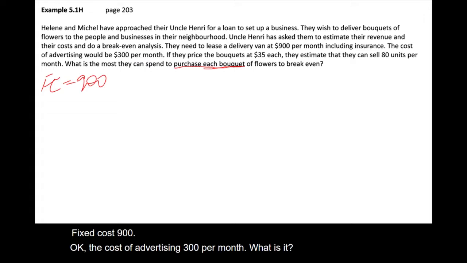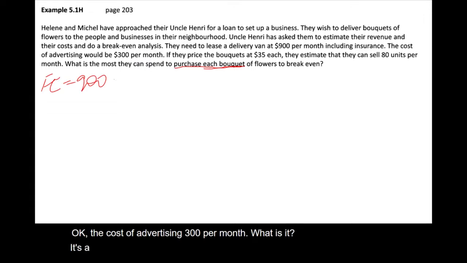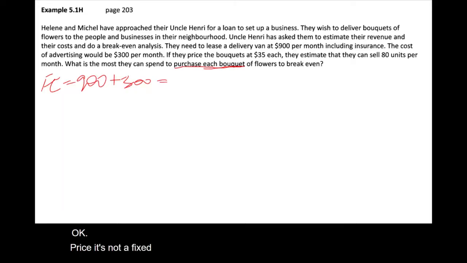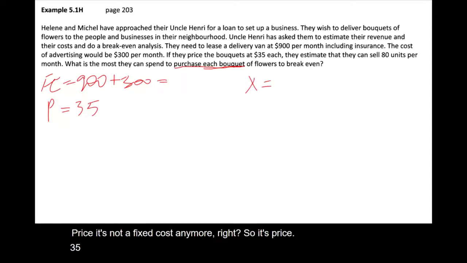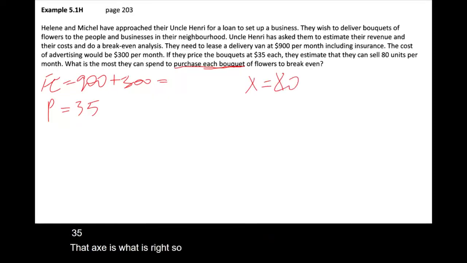It's a fixed cost, exactly. Plus 300. Price, well, it's not a fixed cost anymore, right? So it's price, 35. And X is 80, right? So 1200 is fixed cost.